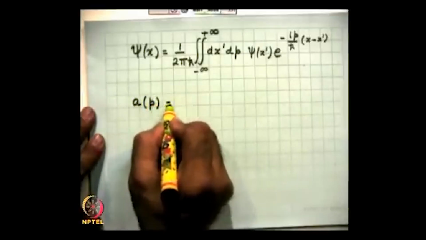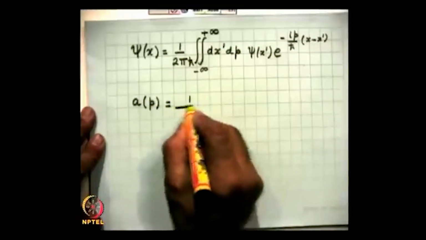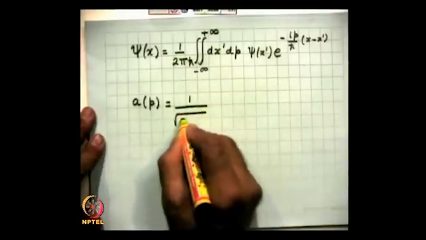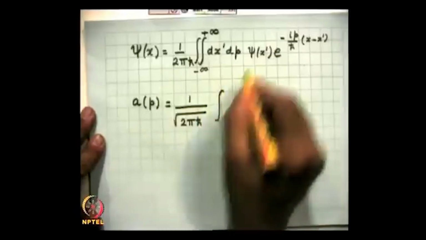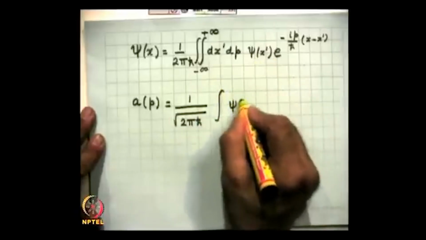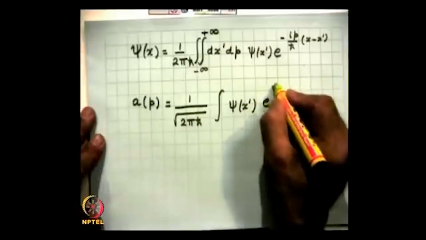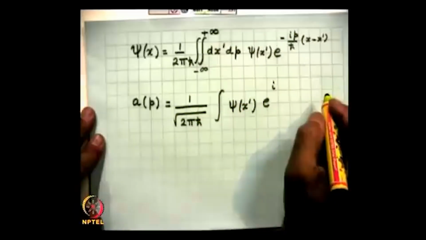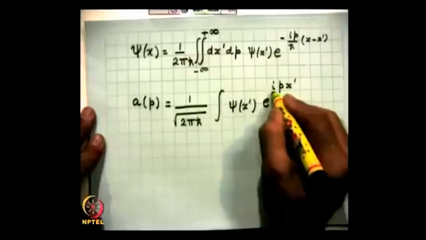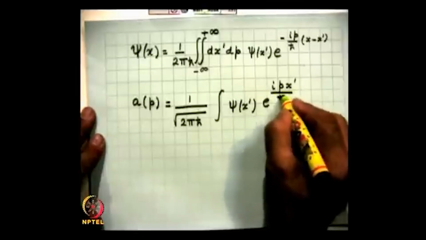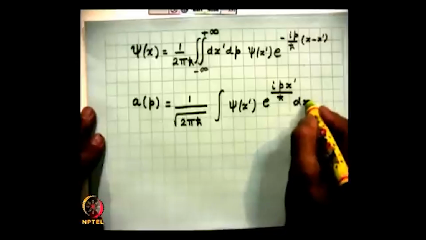We collect the x prime part and write 1 over under root of 2 pi h cross, integral psi of x prime e to the power of i p x prime by h cross dx prime.